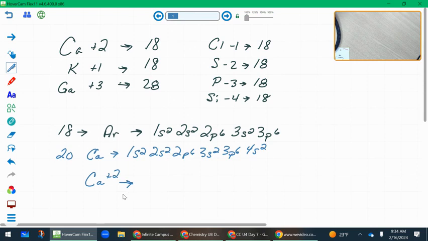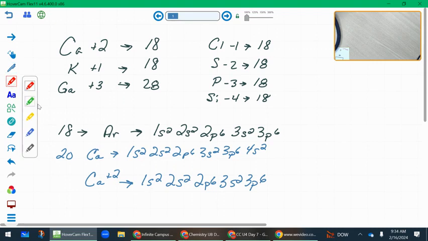Give me the configuration for calcium as a +2 ion. 1s2, 2s2, 2p6, 3s2, 3p6. Wait a minute. What do you notice about those? They're exactly the same, aren't they?